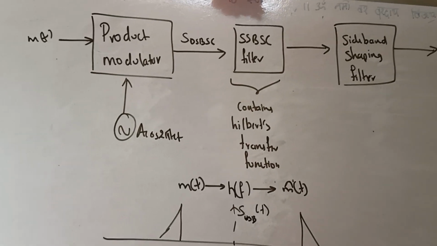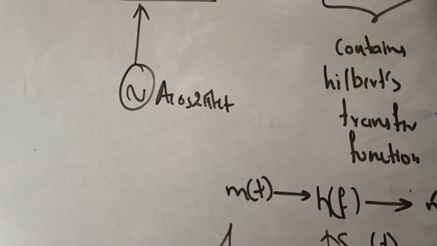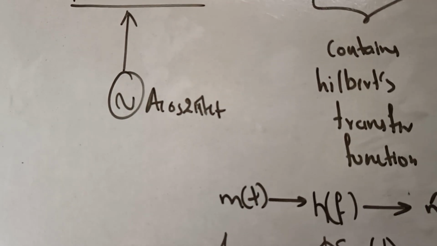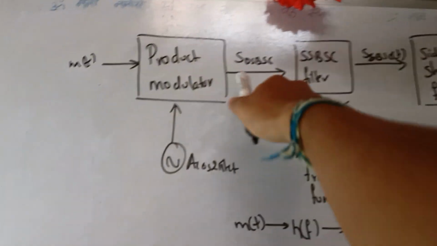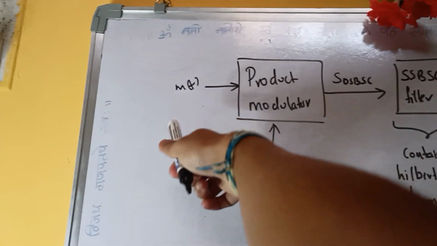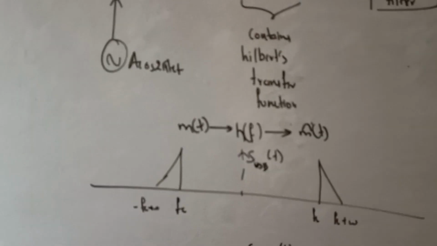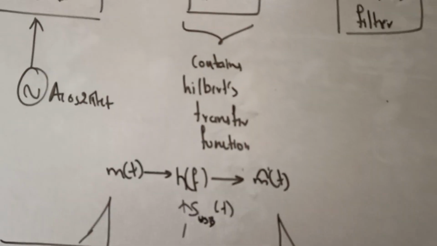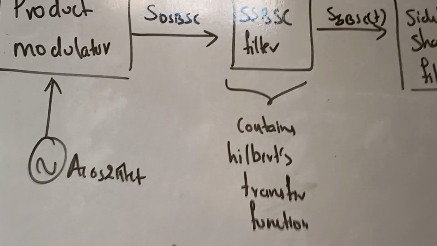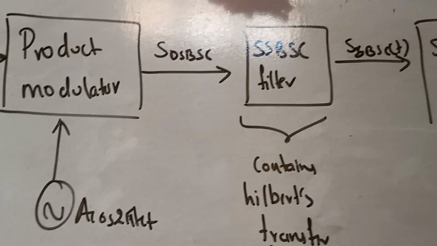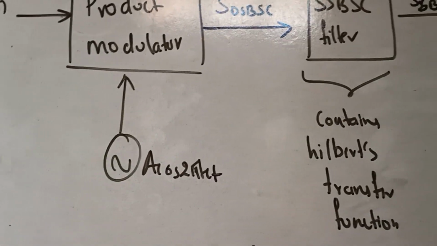So let us understand the generation of VSBSC. We know that the generation of S of DSBSC is nothing but multiplying the message signal with the local oscillator, that is AC cos 2 pi FCT. When we do that, we get S of DSBSC, which has two sidebands, the upper sideband and lower sideband, and we are completely suppressing the carrier frequency.